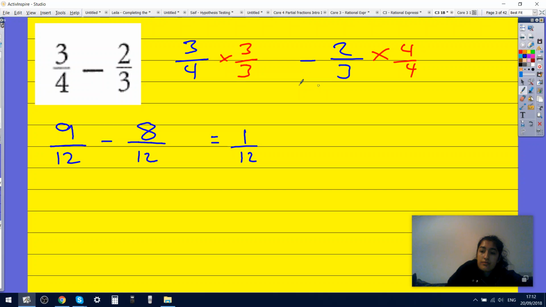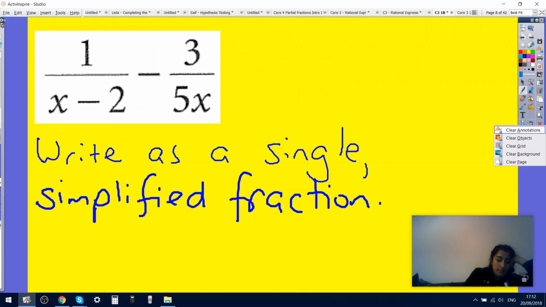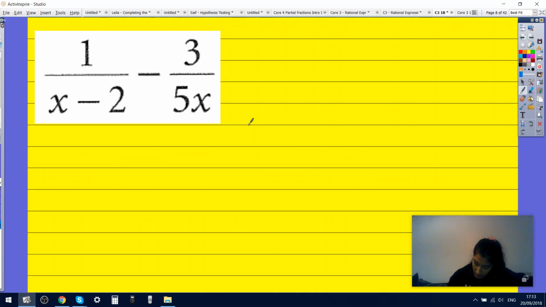Okay, write this as a single fraction. Do you expand the 5x in x minus 2?